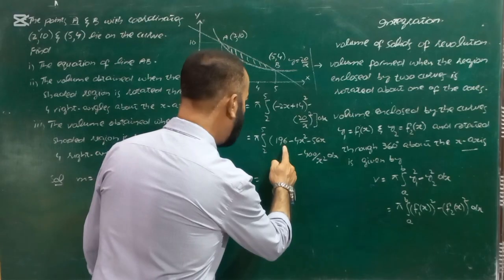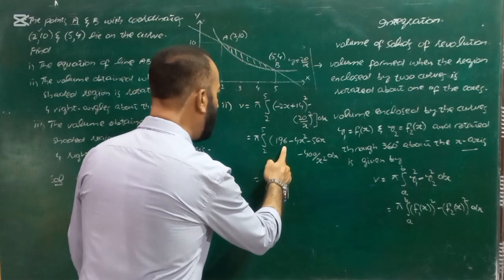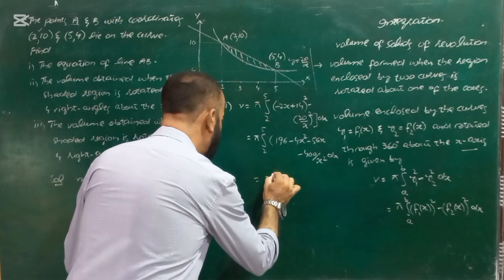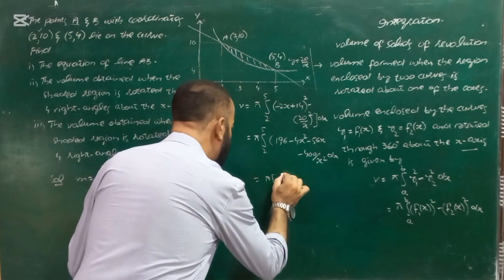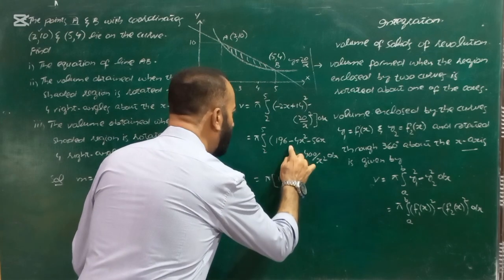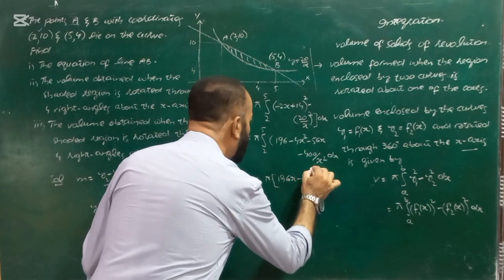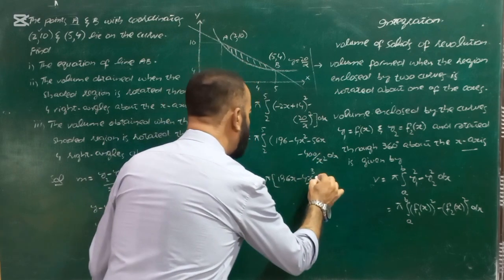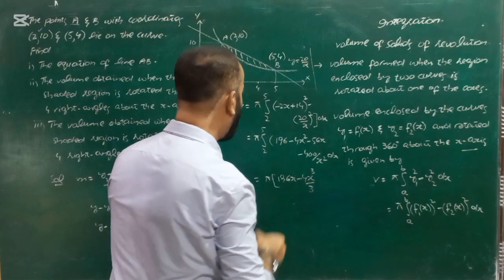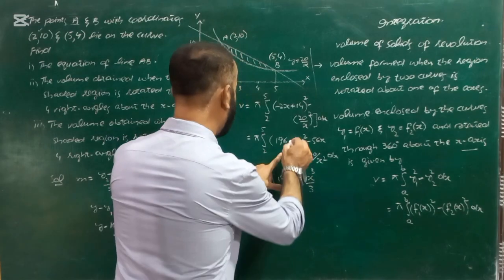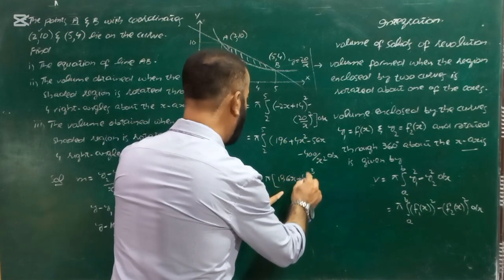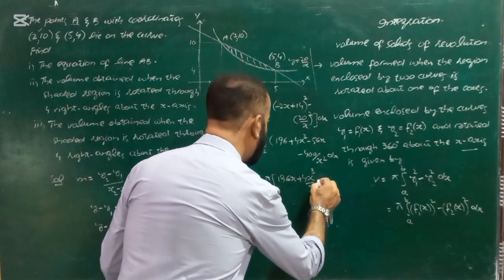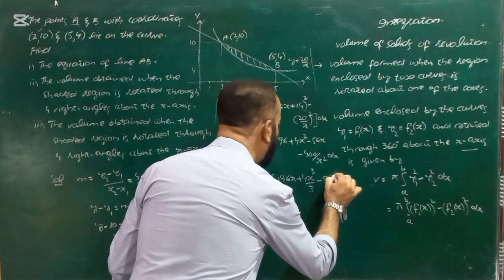So first we have opened the brackets, and now we will integrate it. It will be 196x. So pi is still there. So 196x minus 4x cube over 3. This will be minus 56x square over 2.